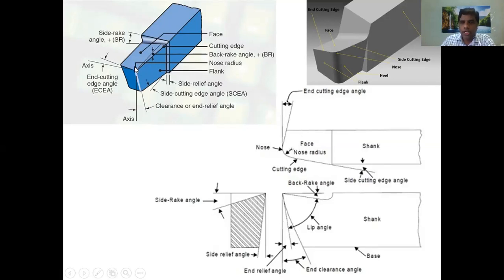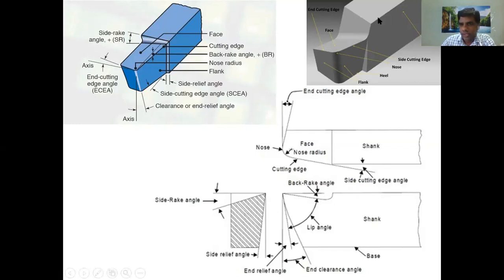Plus, whatever cutting edges are there, these cutting edges are not perpendicular or parallel to your surface. If you see here the shank portion, this shank portion and this cutting edge portion are not parallel.